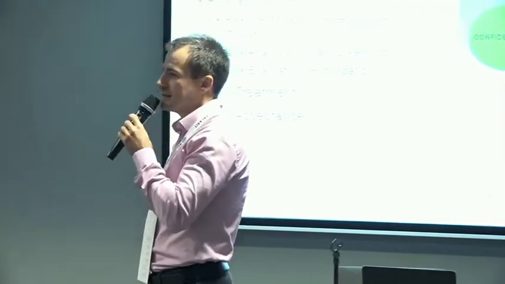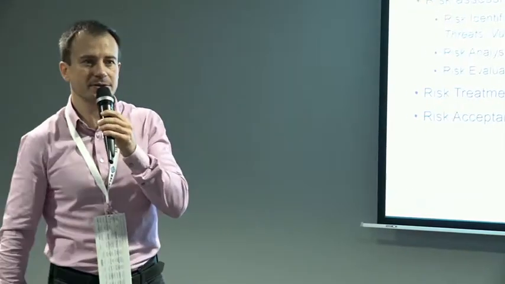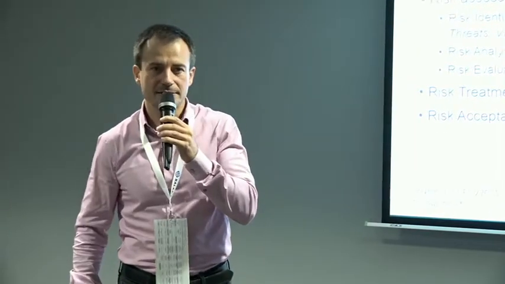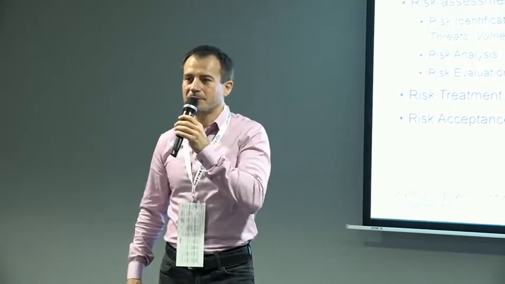So we analyze the case, for example the business process or the IT systems supporting this business process, and we evaluate the risk, then prioritize the risk, and then decide if the risk is acceptable or not acceptable. If not acceptable, we try to find the proper solution.